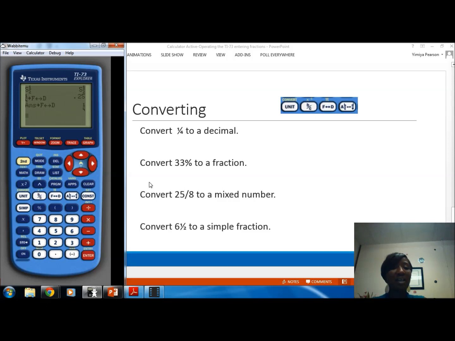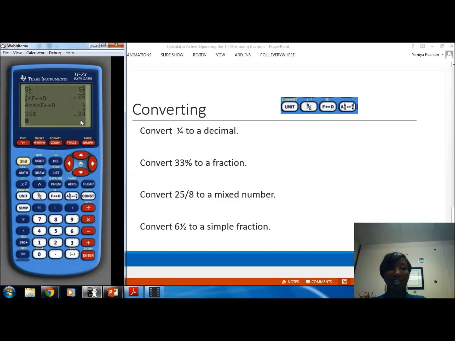Okay, now let's look at converting 33% to a fraction. So I'm going to type in the number 33. And if you look directly below the simple fraction key, there is a percent key. So I'm hitting percent. And I want to change this to a fraction. Well, I don't have a percent to fraction key, but I can change this first to a decimal by simply pressing enter.